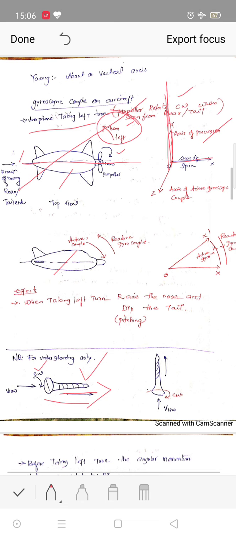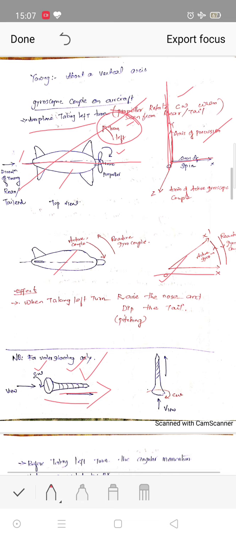Similarly, we will take a screw and place it like this, looking from the left side and giving a clockwise rotation. What will happen? The screw will move towards the right. That is the initial momentum vector OX. The direction of OX is towards the right side.